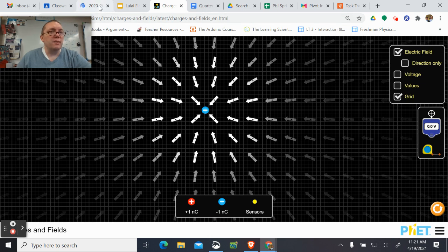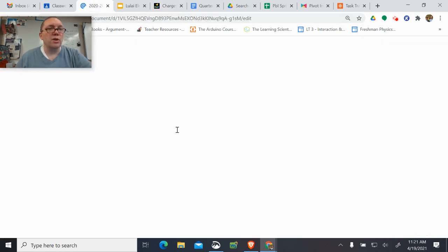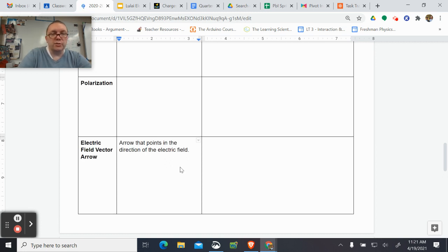So we have this thing that we would call a test charge or an imaginary charge, and those field vectors show the direction an imaginary positive charge would get pushed.